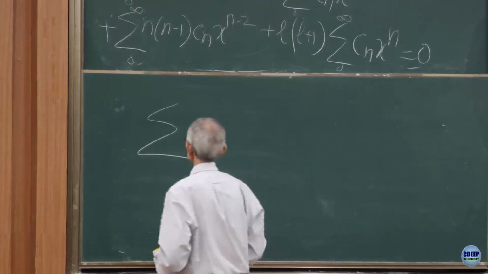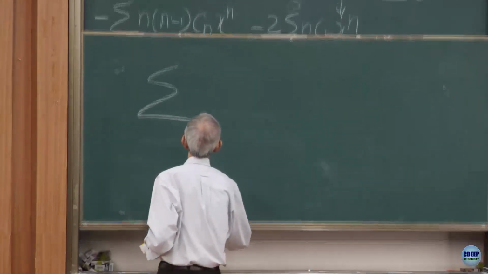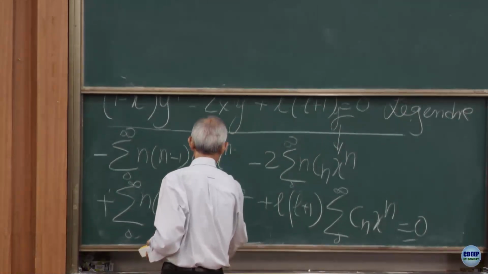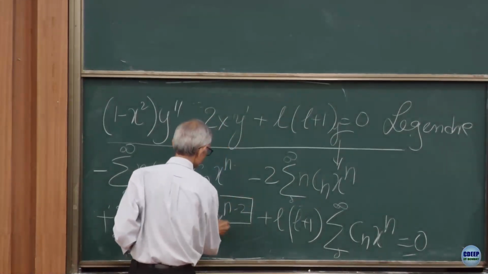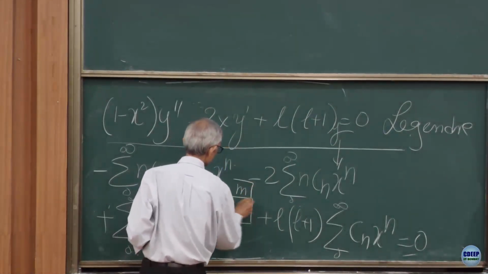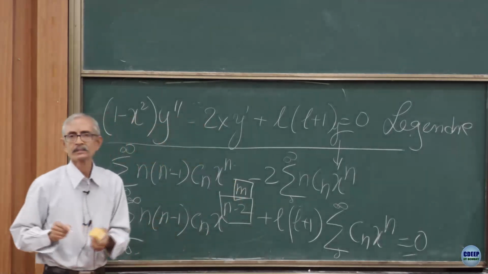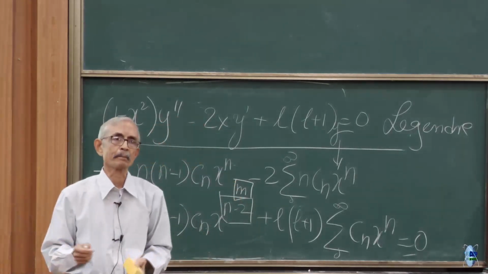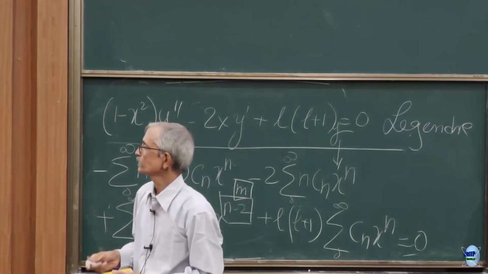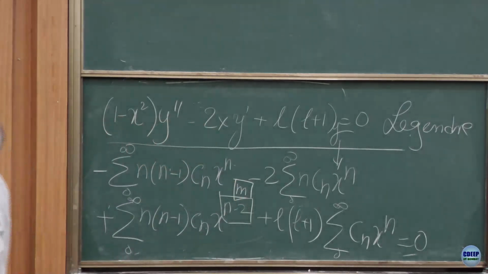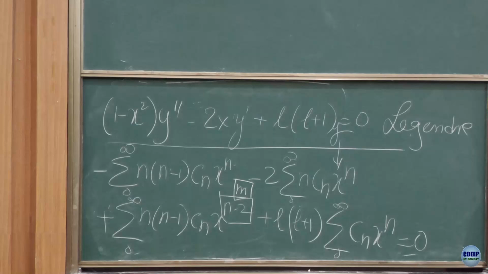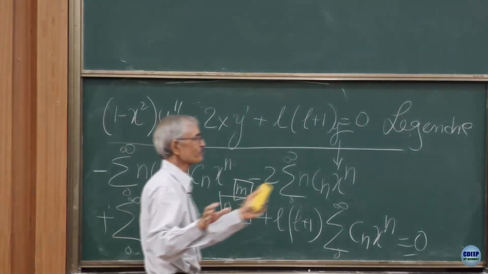So again, we take this guy here and substitute m for this guy here. So n minus 2 equal to m. You take this guy here and then again do the same algebra.